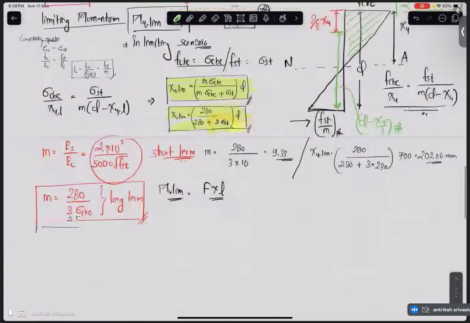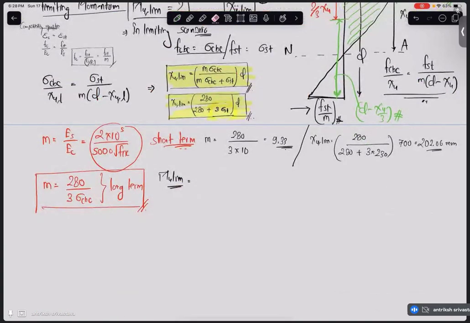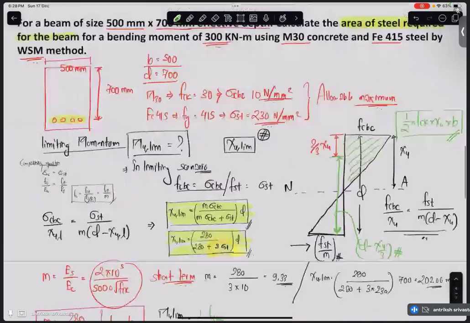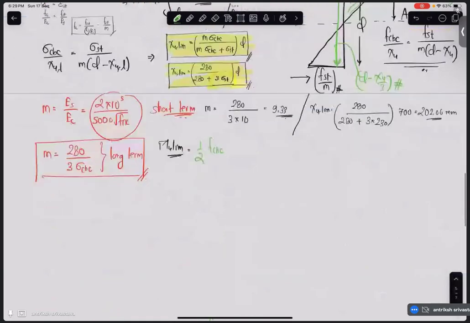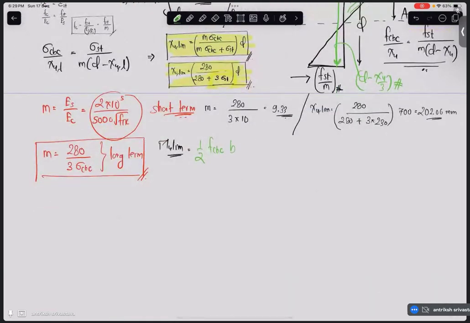So let's calculate your moment of resistance using this particular formula. 1 by 2 fcbc. Oh, my apologies. I wrote here fck. fcbc, b, xu, in this case it is limiting, into d minus xu limiting by 3.